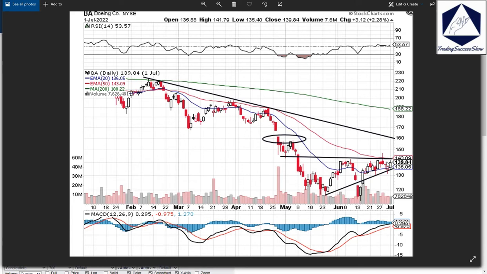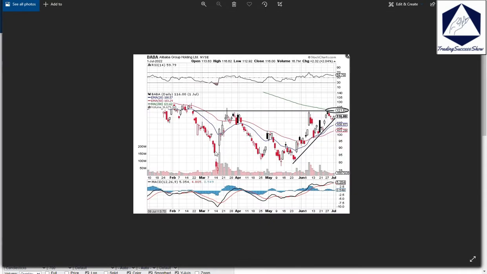If we can break through this area, then we should be all right. It's in a very good position right now, as we are holding this 135, 136 area as a support. So keep an eye out. If price breaks through 143, 145, I think we should see 150 in the coming days on Boeing.